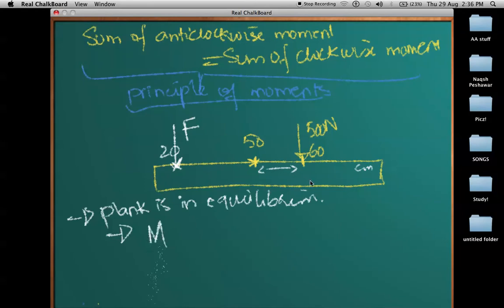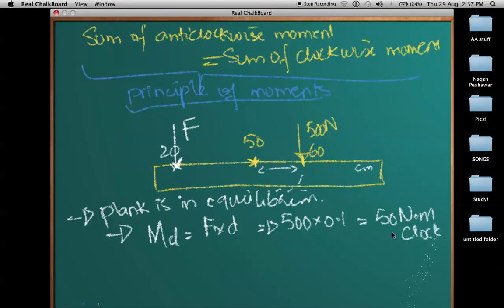Simply, this would be the clockwise moment, so we write MCL. This would give me force times distance, which equals 500 times 0.1 meters. This is 50 Newton meter. Now this is the clockwise moment.